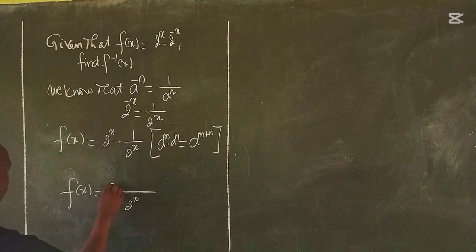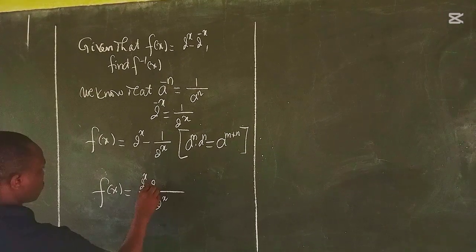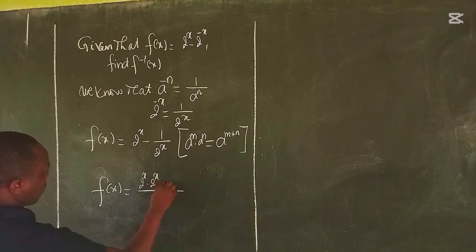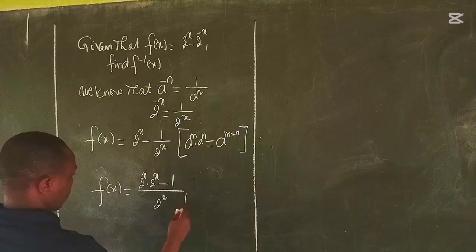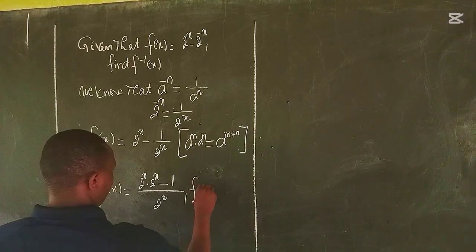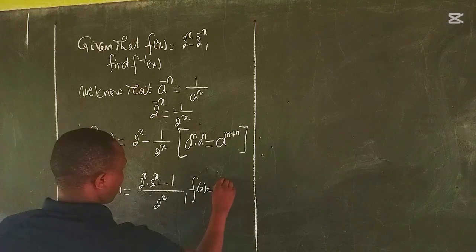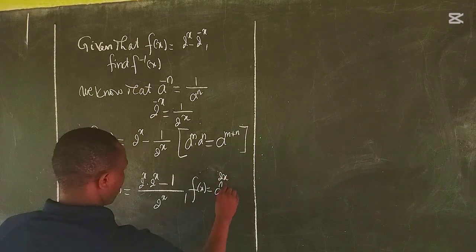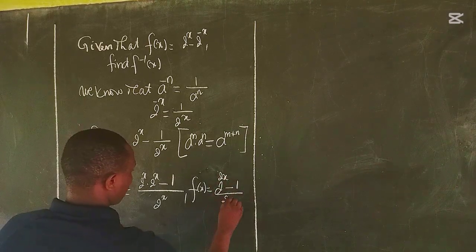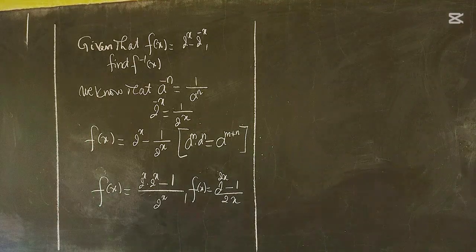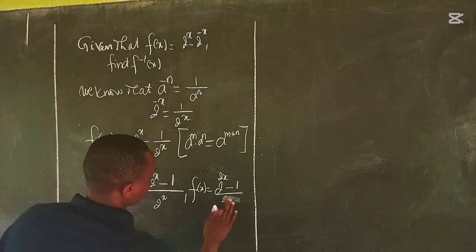Here we have 2 power x times 2 power x minus 1, so f of x is equal to 2 power 2x minus 1 over 2 power x.